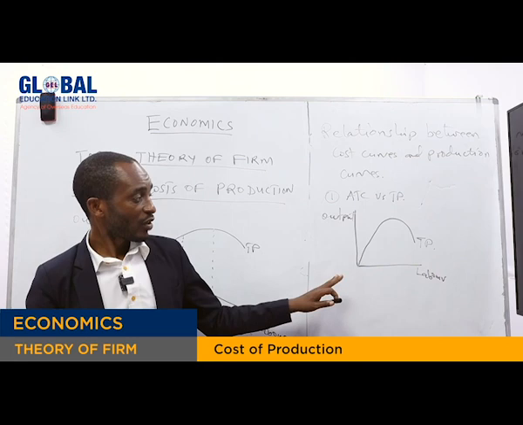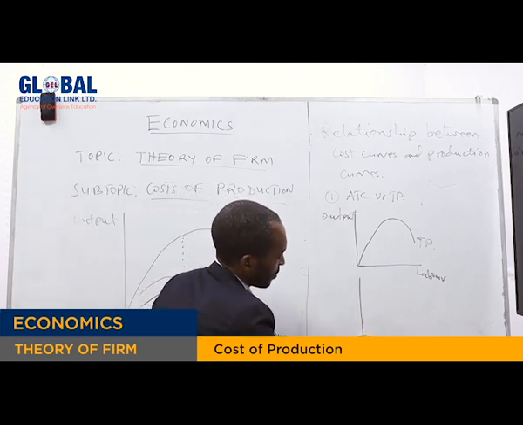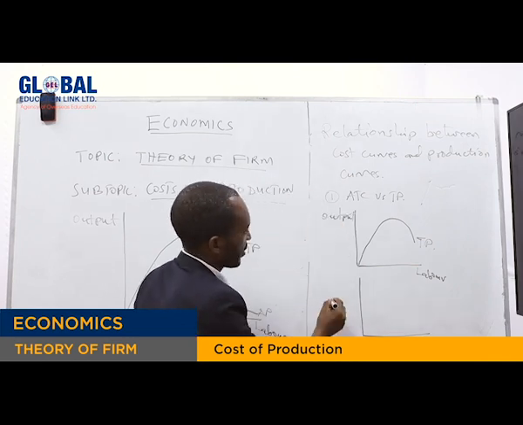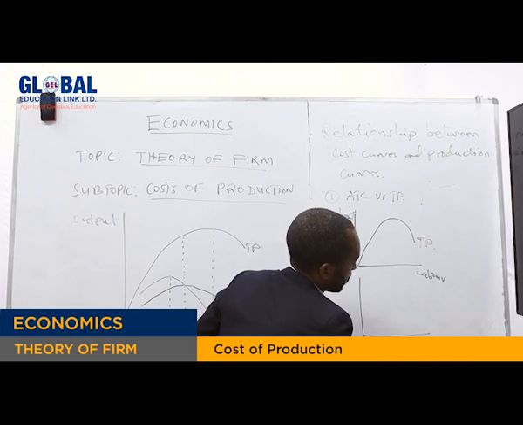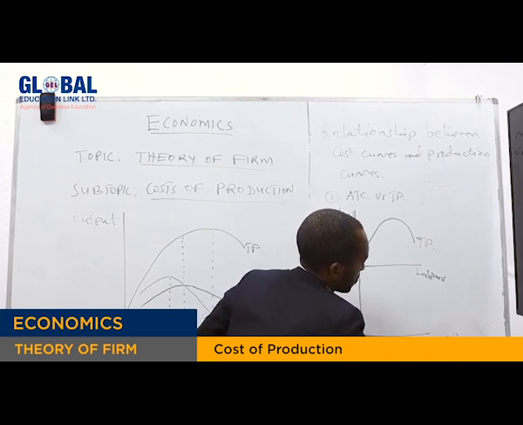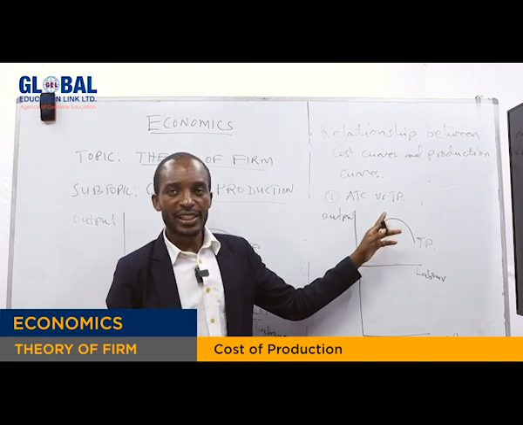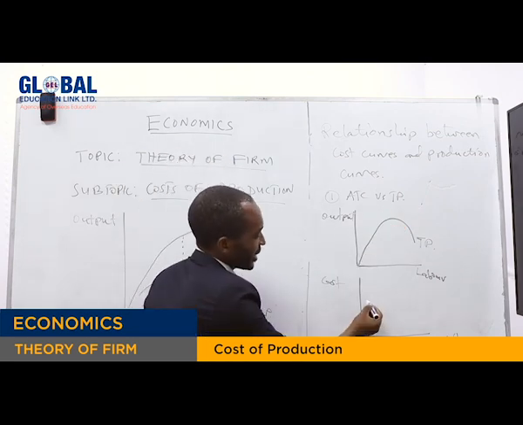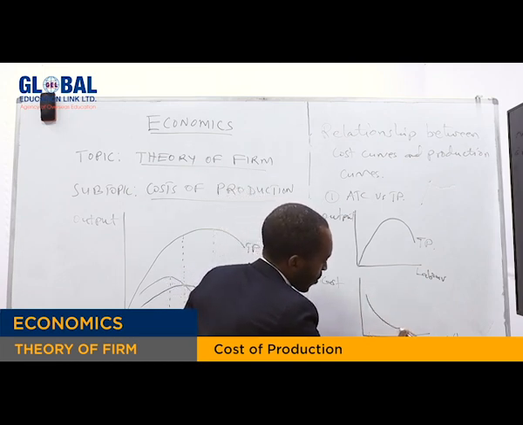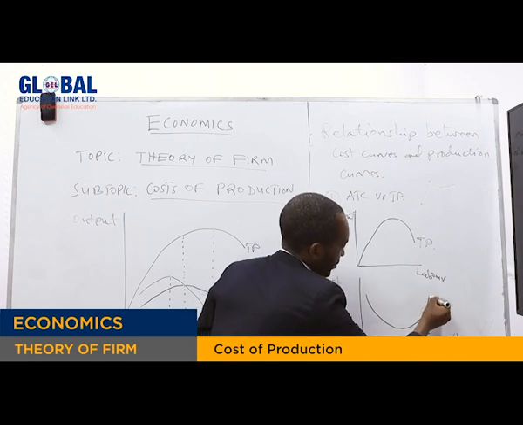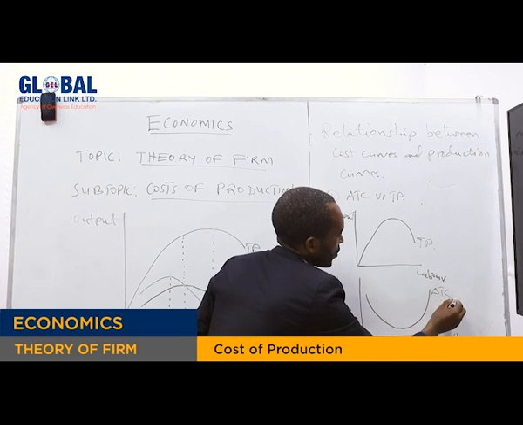And for the cost curve, the average cost, here is cost and here is Q. When the total output increases, the cost is declining. So the average cost will be declining, then we reach a minimum, then we start to increase. So this will be the average total cost.